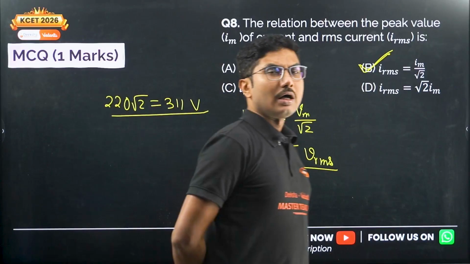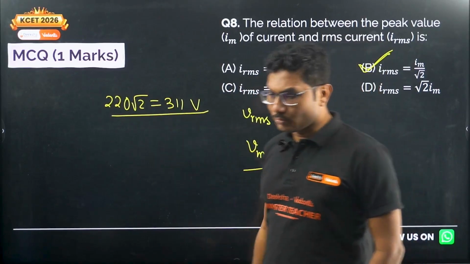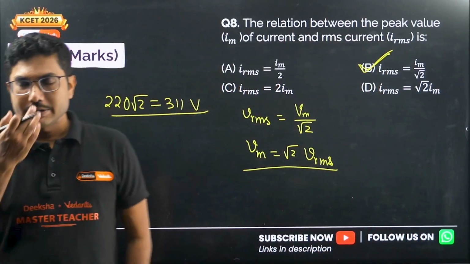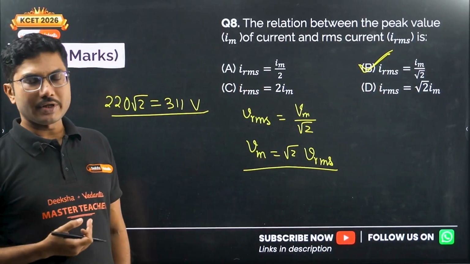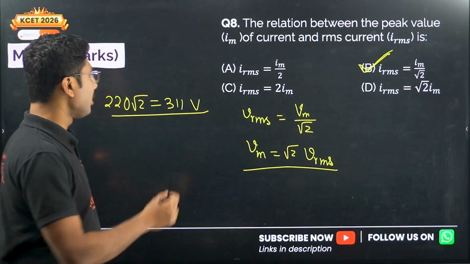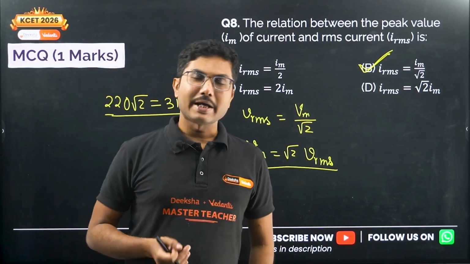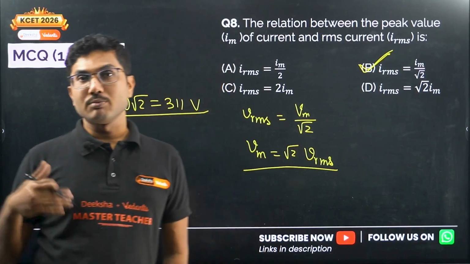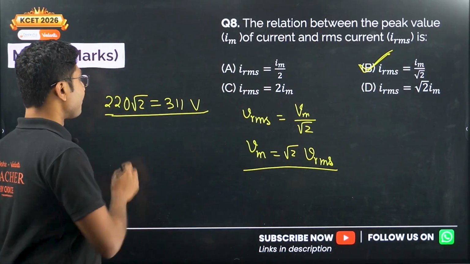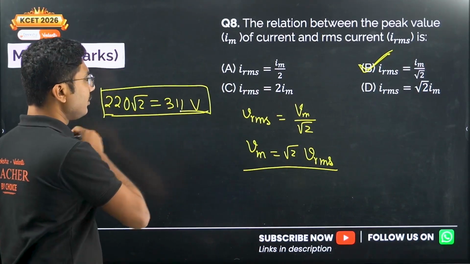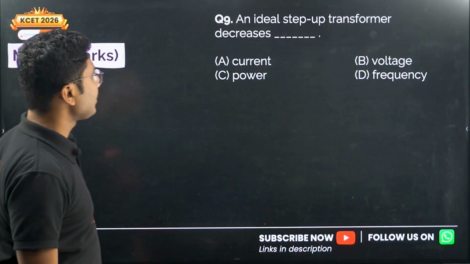So this is the reason why AC is more dangerous than DC. For the same voltage, AC is more dangerous because whenever we say AC, we mention the RMS value, whereas the peak value is root 2 times the RMS value. So this is one thing that you should remember. Now next question.